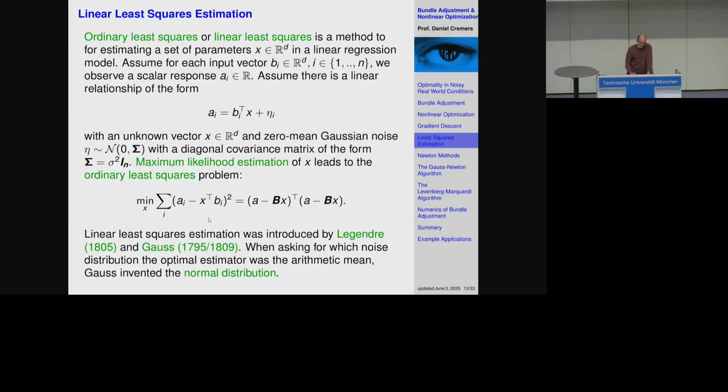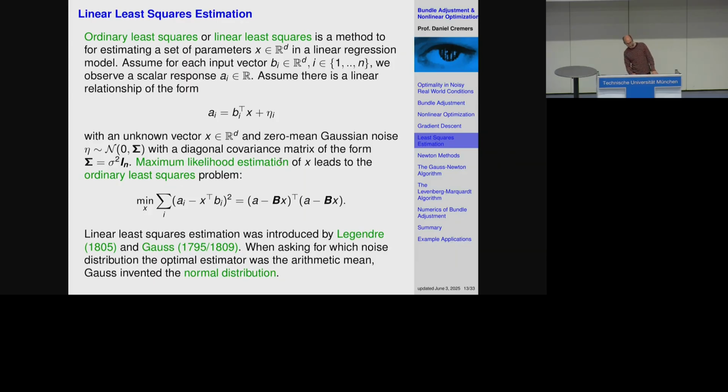What you can do then is maximum likelihood estimation to determine the unknown parameter vector x that models the mapping between input b and output a. If you apply maximum likelihood, say find the most likely x given a lot of sample data ai, bi, you can show this leads to an ordinary least squares problem. How do you show it?